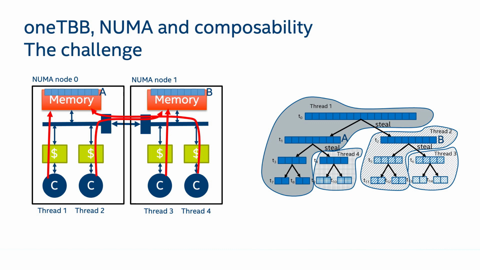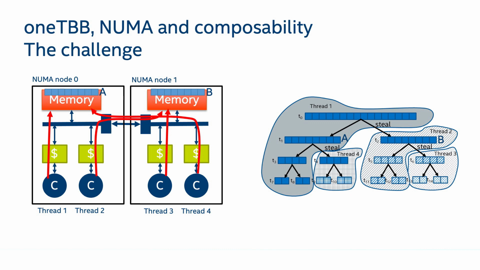We could have a situation where thread 1 winds up executing the leftmost quarter, thread 4 the second quarter, thread 2 the third quarter, and thread 3 the fourth quarter. And we get this behavior where, because we didn't control anything, thread 1 is accessing local things, thread 2 is doing remote memory accesses, thread 3 is doing local, and thread 4 is doing remote.